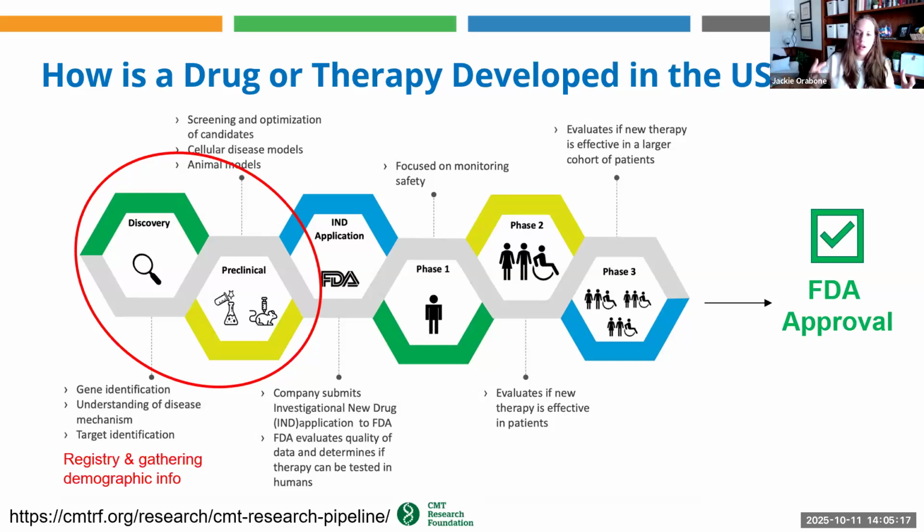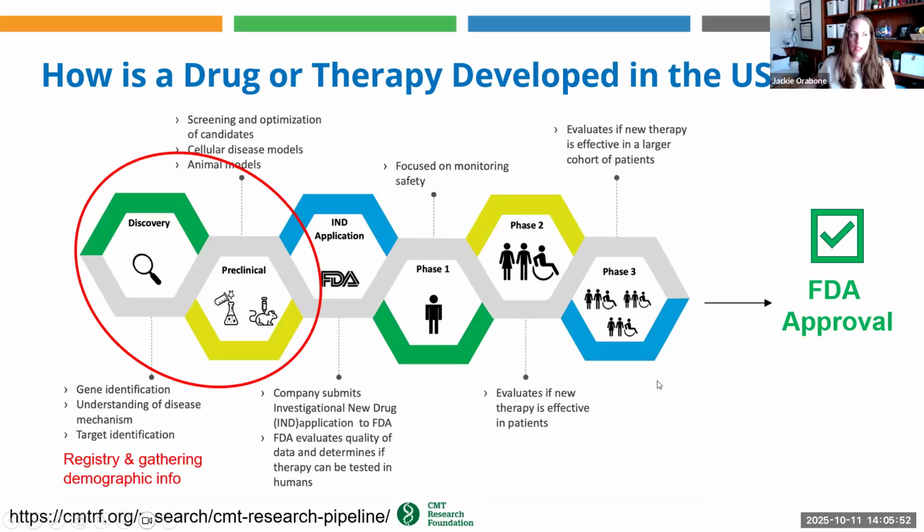So after a drug goes through the discovery and the preclinical phase, shown here in the red, it moves on to more FDA facing. So there's an application that's submitted, and then there's different phases of trials that are established with a candidate, right? And there's many steps where this can succeed. There's many steps where these can fail. But I did just want to point out where we are in the process and how many steps it does take to move through a phase 3 trial, which is in humans, and then moving on to FDA approval.